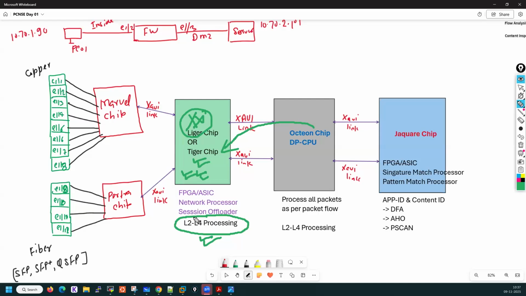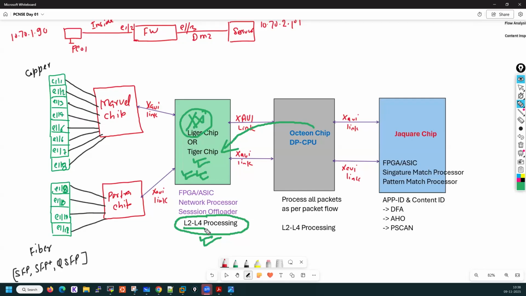And what type of task can it do? Layer 2 to layer 4 processing, which means it can do NAT, ARP lookup, and it will check the packets for header errors and all. That's it.